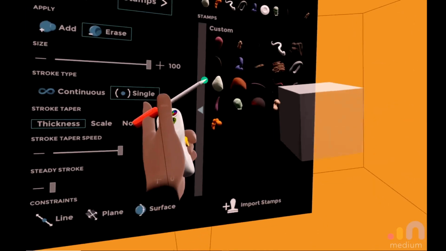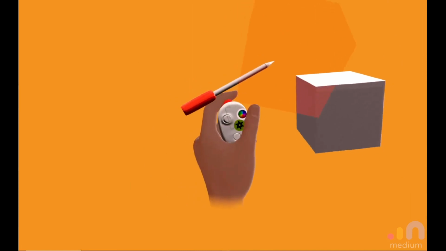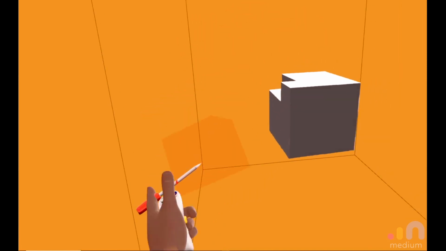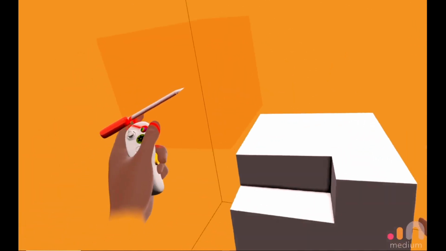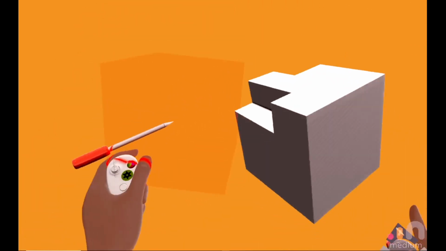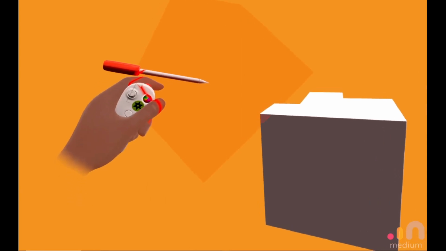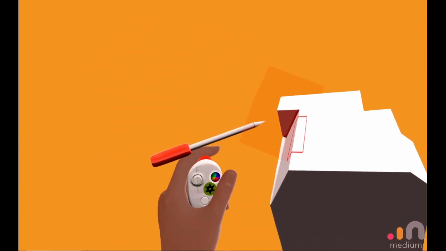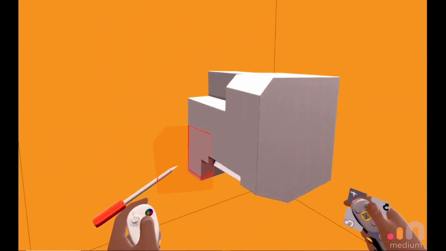Why do I know? If I take the red cube, double click the cube and make it red by double clicking the green button and just chip away, you can see I'm getting nice crisp edges. So this is great for hard surface modeling, or at least hard surface shapes out of a model.